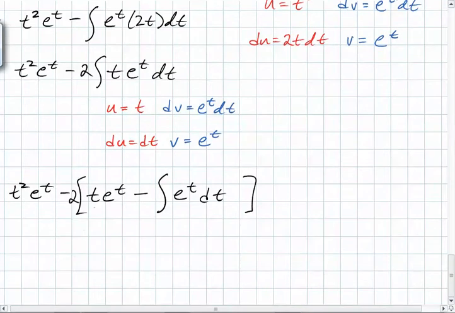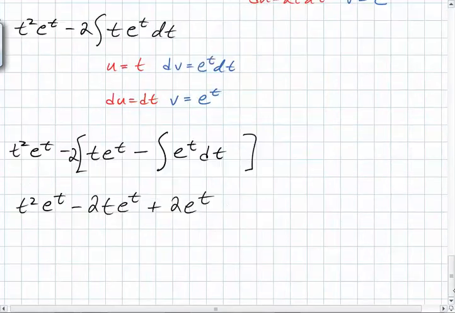You get t squared e to the t minus 2t e to the t plus 2e to the t plus c. Now, is there anything in there that we can simplify?